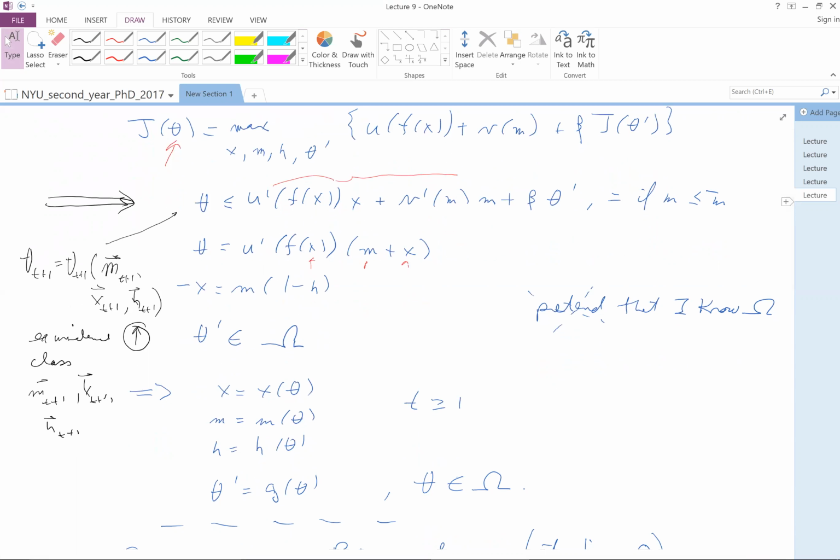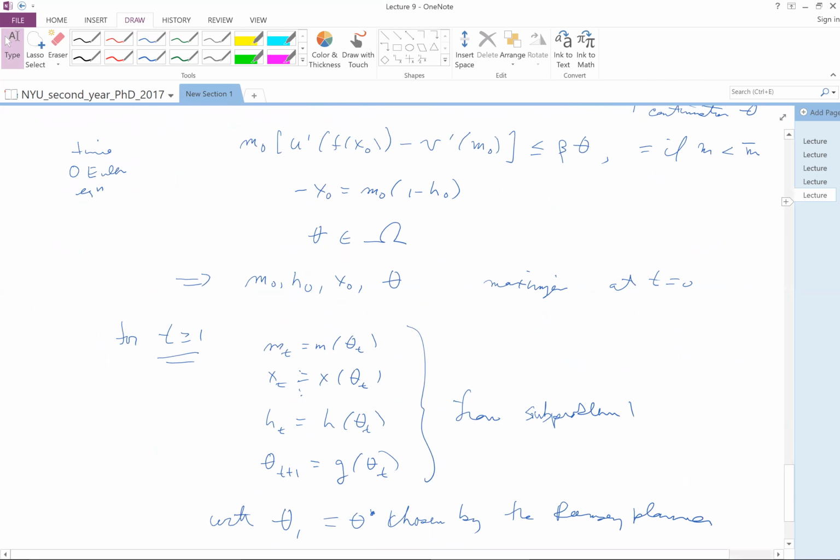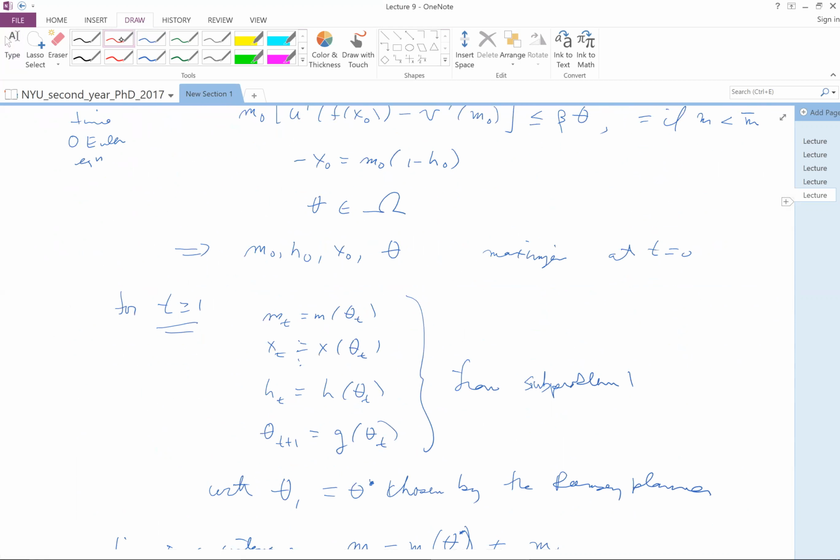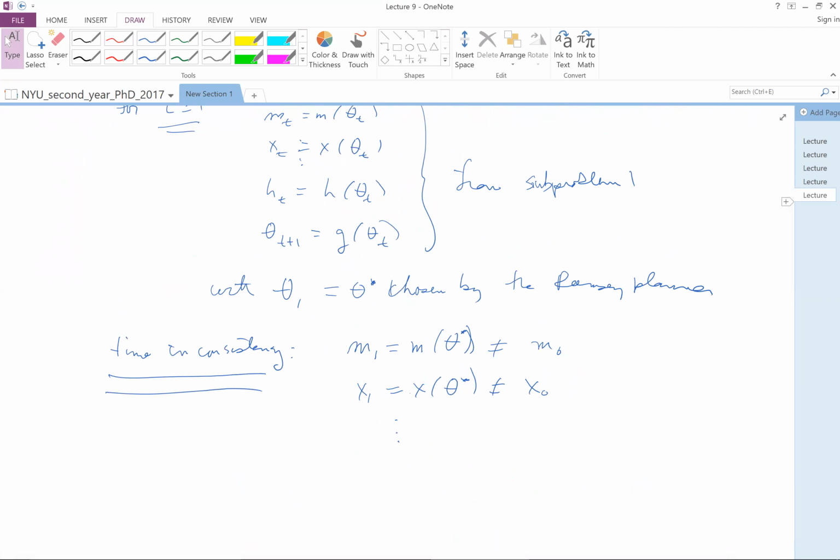Okay. So another loose end. Now this is a significant one. When we did our work, we took as given this set omega. And again, what was the set omega? I'll just define it loosely as the set of thetas associated with competitive equilibria.